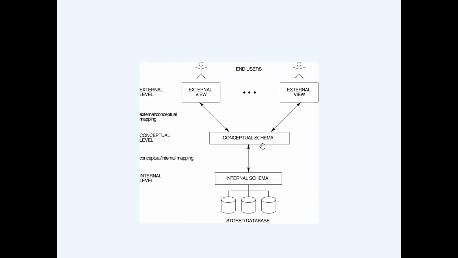The conceptual schema is also there. Then we have an internal level which describes how the data is actually stored. And then these arrows will show you the different mappings between these. Since this is the external level and conceptual level, this is called external to conceptual mapping. And this arrow will represent the conceptual to internal mapping.